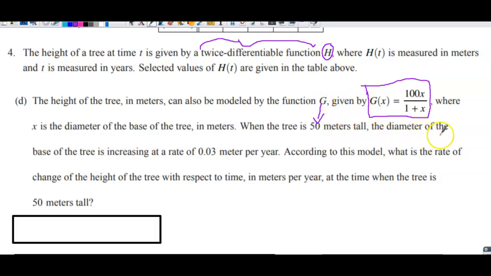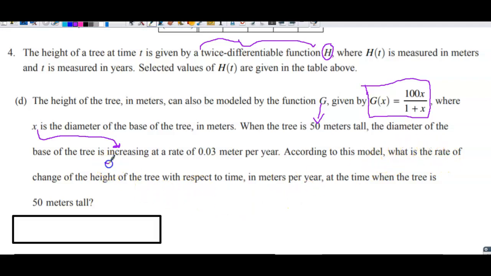When g is 50 meters, the diameter of the base of the tree is increasing. Now remember, diameter was measured in x, so the diameter x is increasing at a rate, meaning dx dt is 0.03 meters per year.